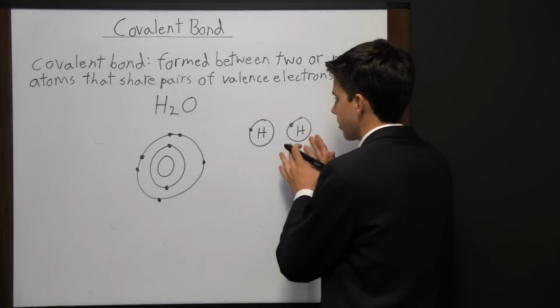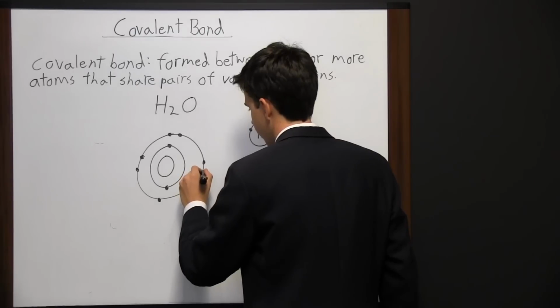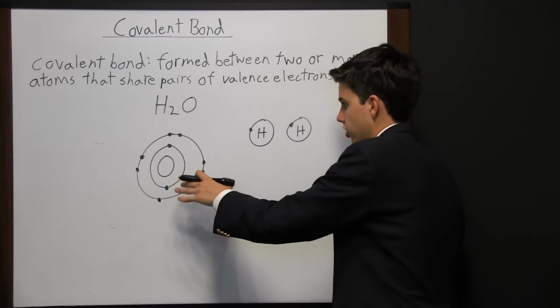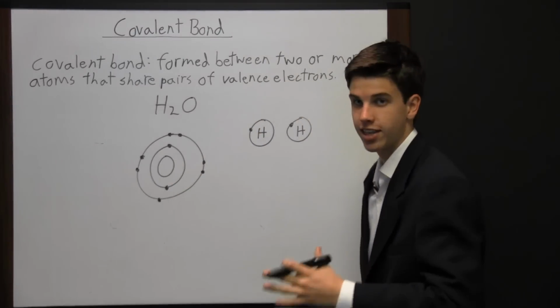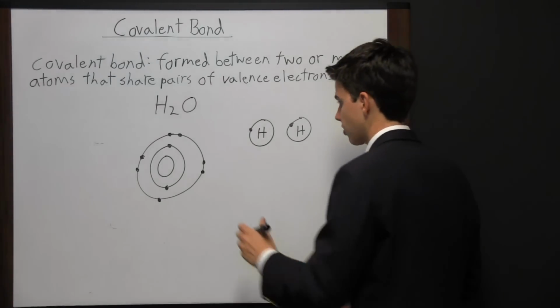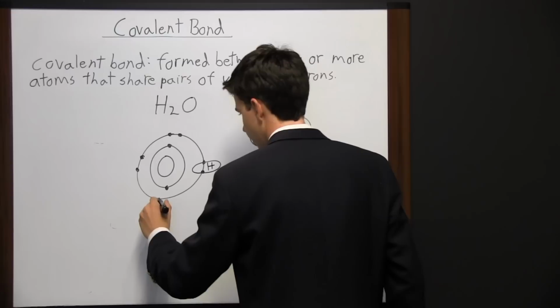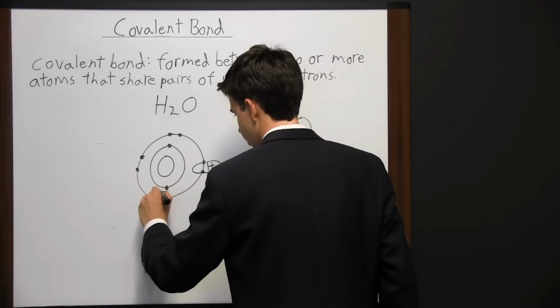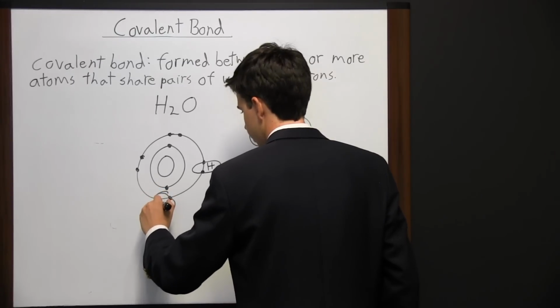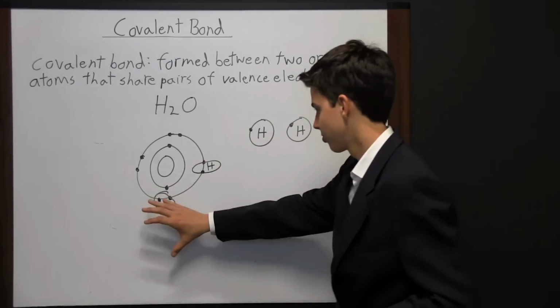So what happens here in covalent bonds is hydrogen comes over here and donates its valence electron to oxygen. Oxygen donates one of its valence electrons to hydrogen. So basically they're sharing these valence electrons. And same thing happens with this other hydrogen atom. Due to my drawing inabilities, this doesn't look very good, but these still are circles over here.